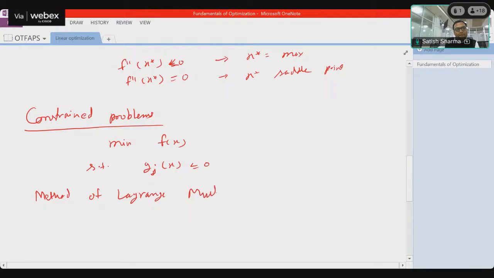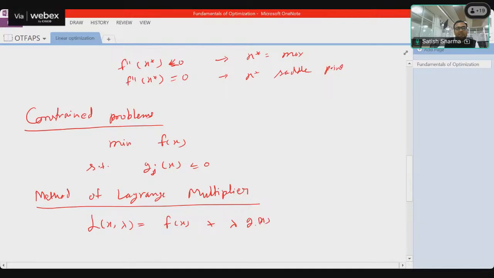In the method of Lagrange multipliers, we convert this function into an unconstrained optimization, where I can write f(x) plus lambda g(x). If I have many constraints, I will take a sum from j equals 1 to m, as there are m equations.